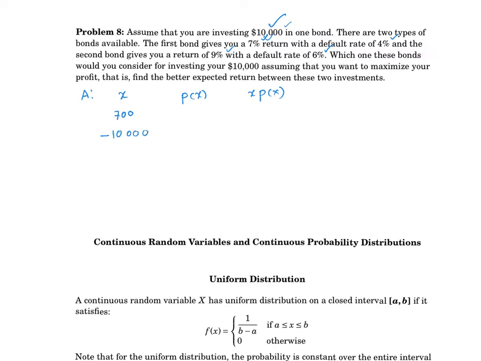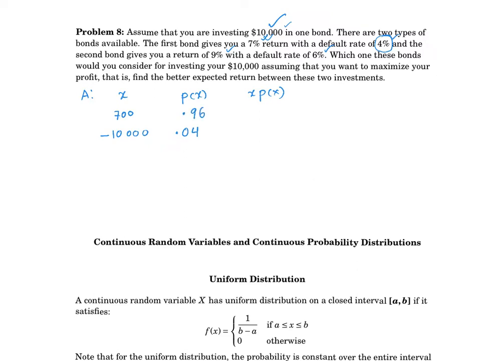Now, what are your chances that you lose all $10,000? Only if they go out of business, or only if they declare bankruptcy, and the chance of that happening is the default rate. Okay, the bond issuer defaults, meaning there is a 4% chance, or 0.04. However, the complement of that in the context of probability would be 96%. 100% minus 4% is 96%, or a 0.96 chance that they will stay in business.